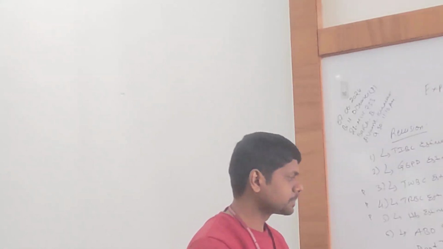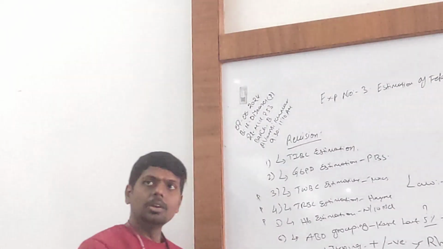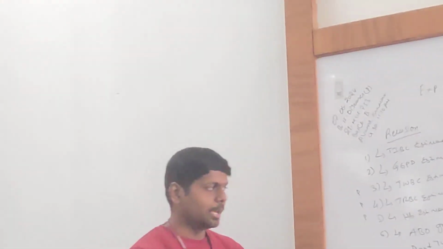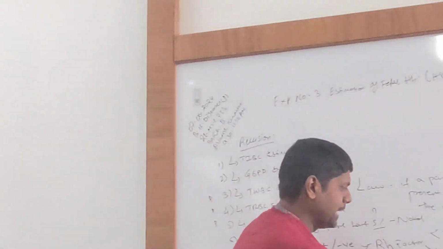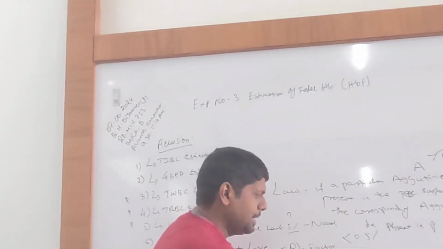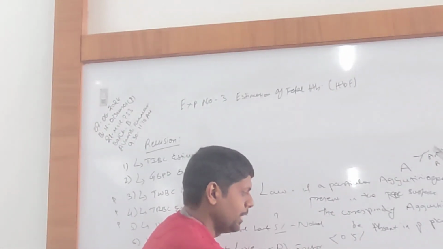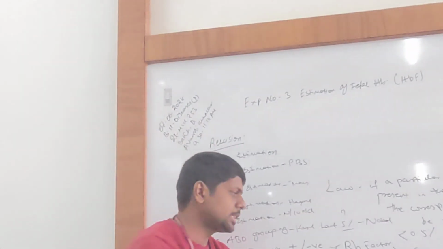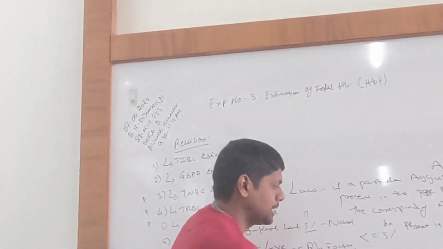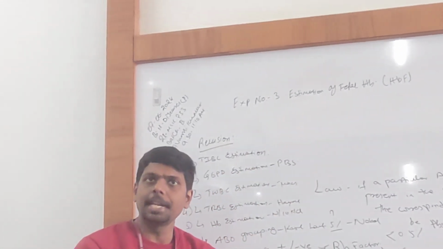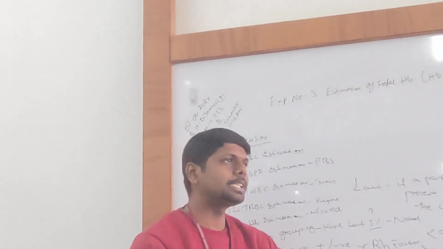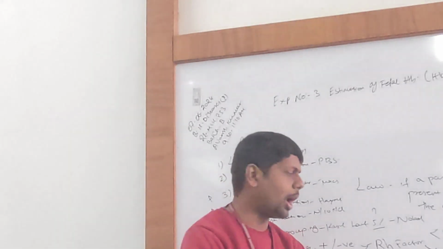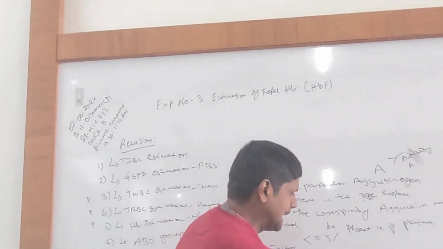Then next one. Write down this statement, very important. When we are detecting the antigen, how will we detect the antigen on the surface of RBC? For example, this is A antigen. I am going to detect A antigen on the RBC. To detect A antigen, what will I do? I will take a serum.